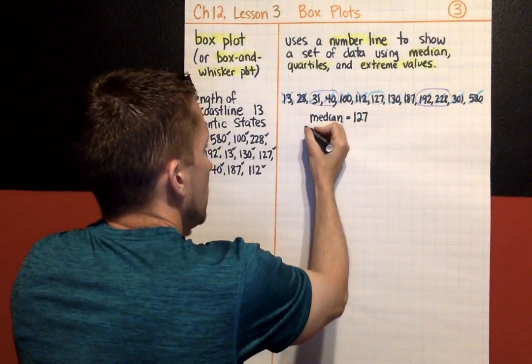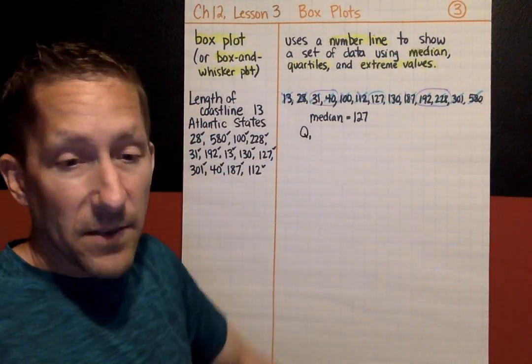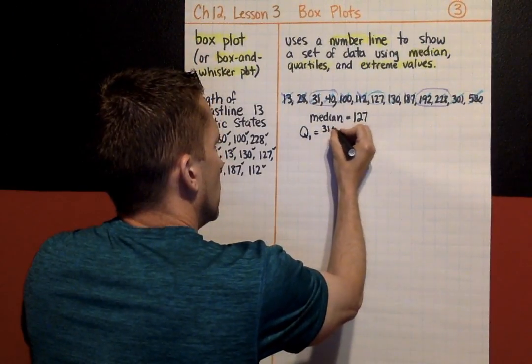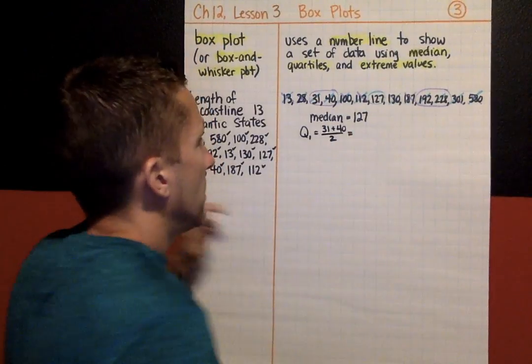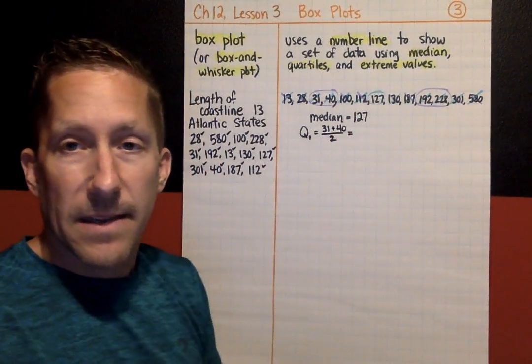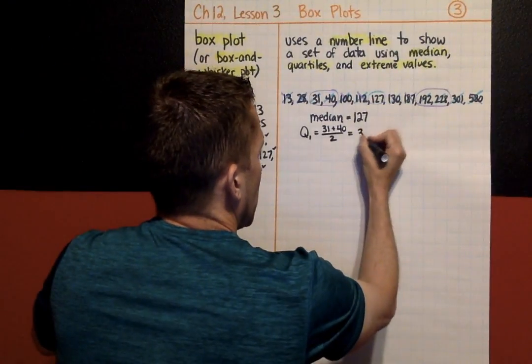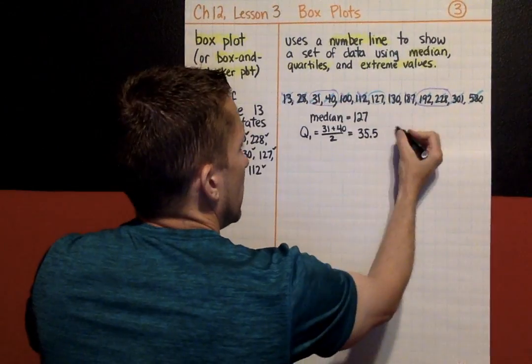So Q1 is going to be 31 plus 40 divided by 2. 31 plus 40 is 71, and 71 divided by 2 is 35.5. So that's Q1.